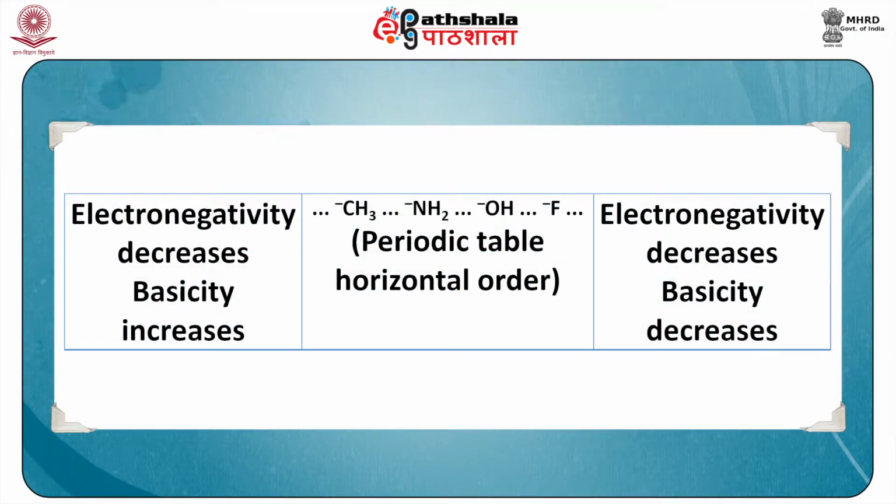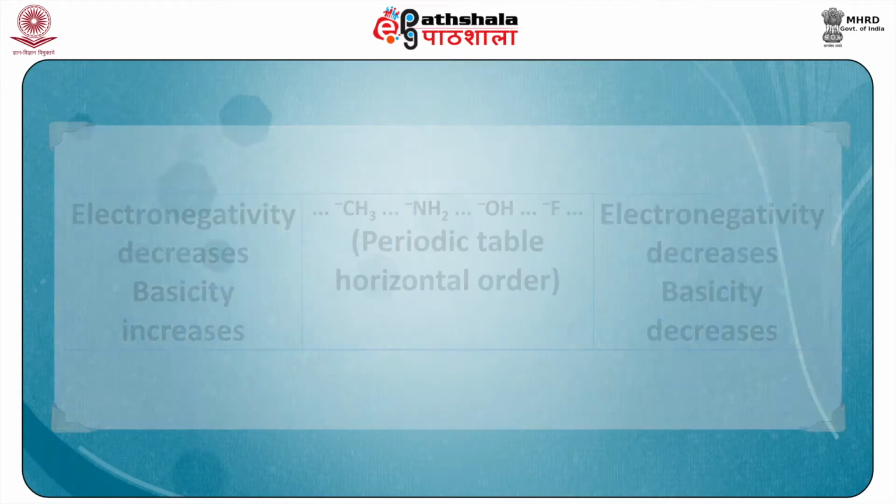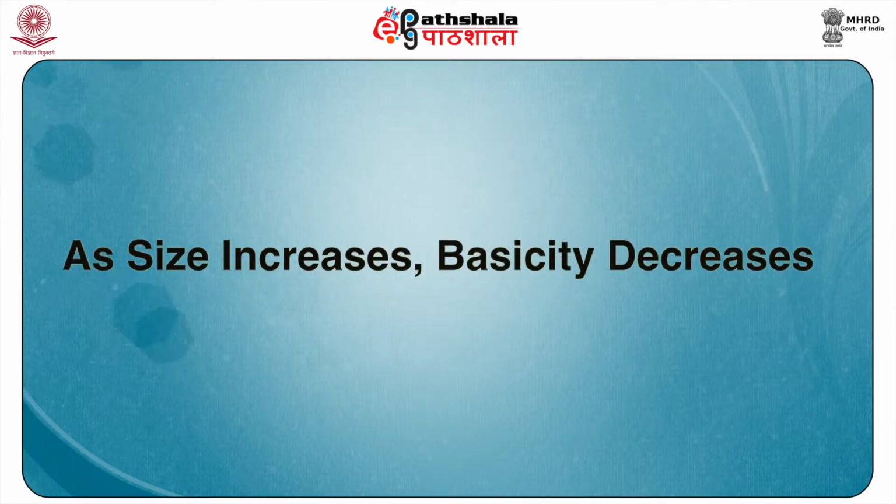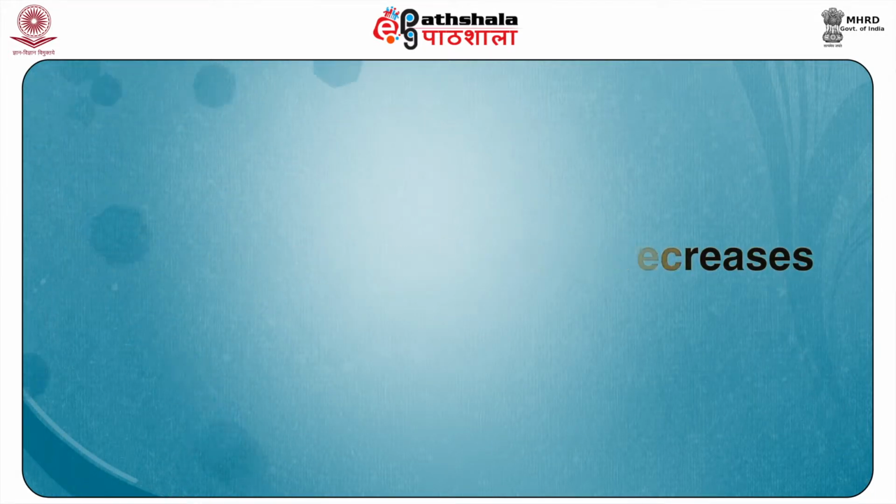CH3 minus is the strongest base out of these, followed by NH2 minus, followed by OH minus, followed by F minus, and F minus is the best leaving group. So, you can see that for same-period elements, the leaving group ability is opposite to the basicity order. If we look at the size factor, we can say as the size increases, basicity decreases.